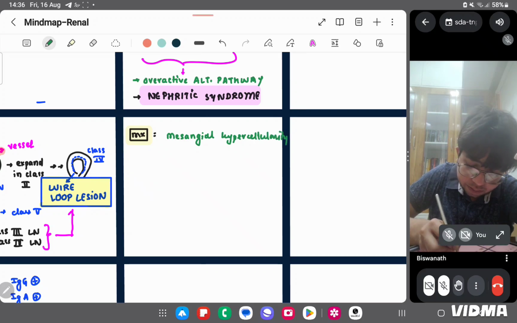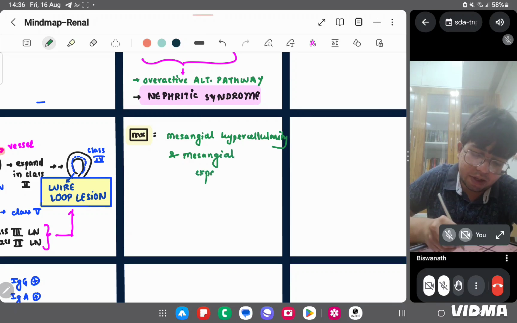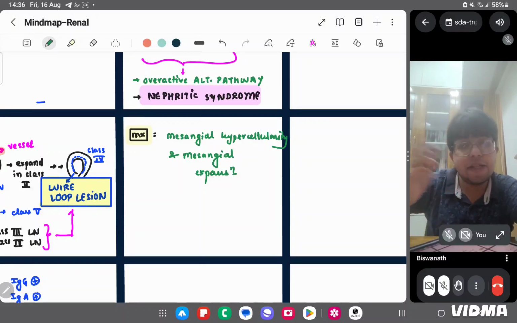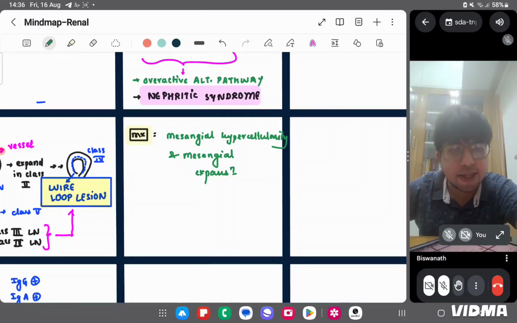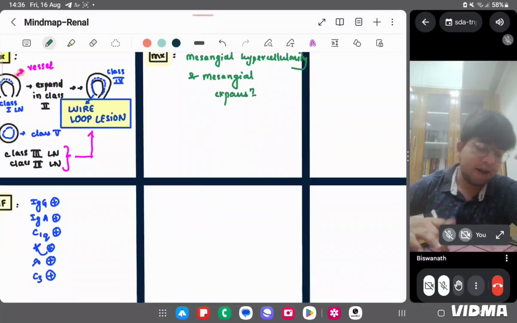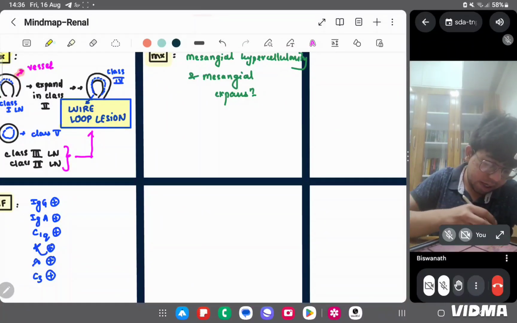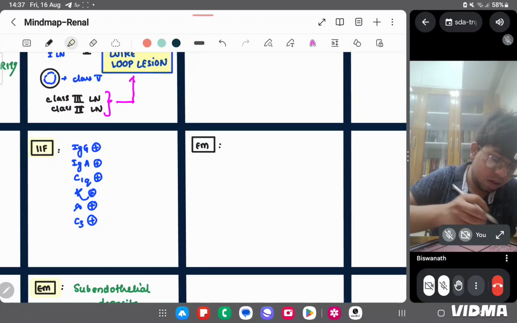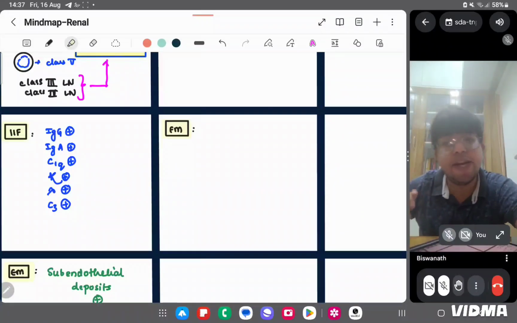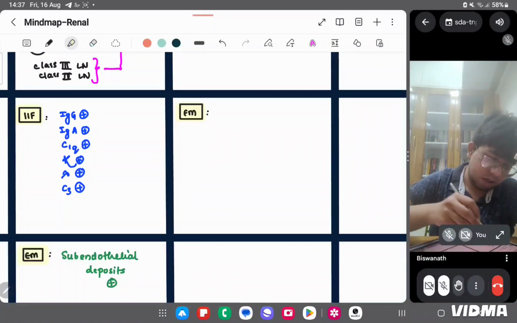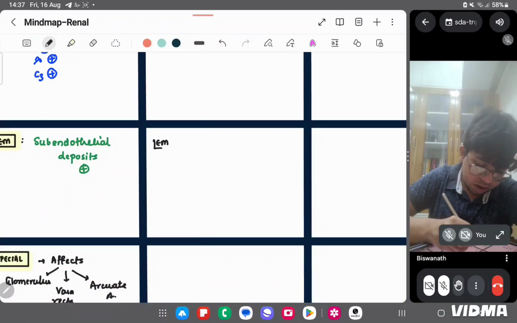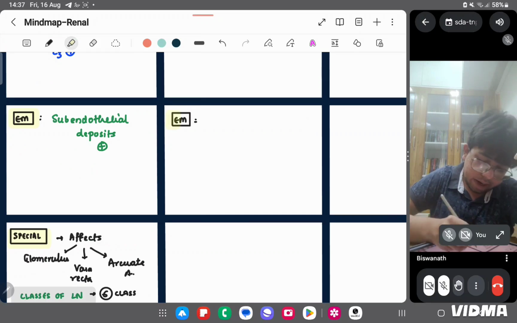You can differentiate it from IgA nephropathy in that it has no IgA. Simple. And electron microscopy: there will be intramembranous dense deposits present.